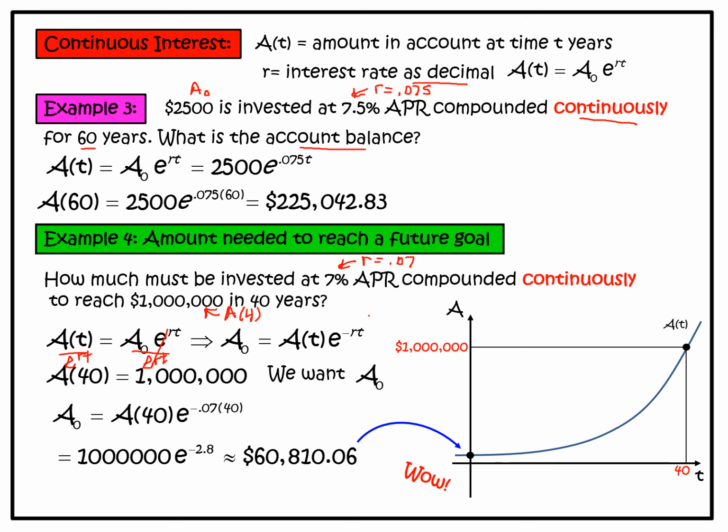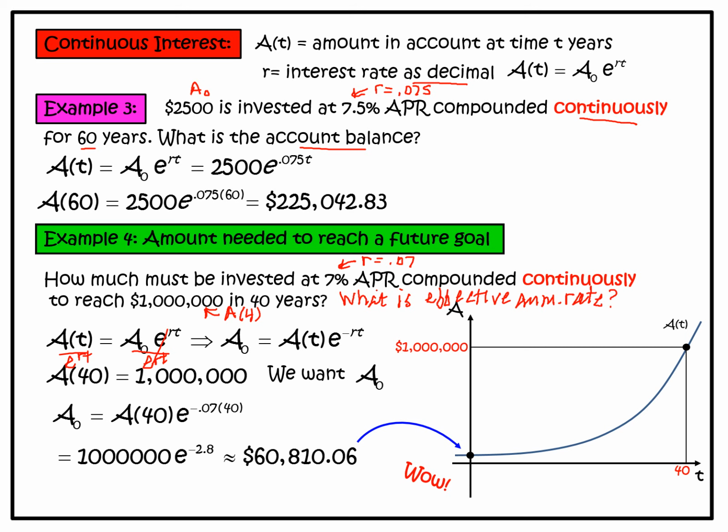And one last question to help you out with the homework here. So we might want to know what is the effective annual rate of interest. So that's the rate that includes compounding.